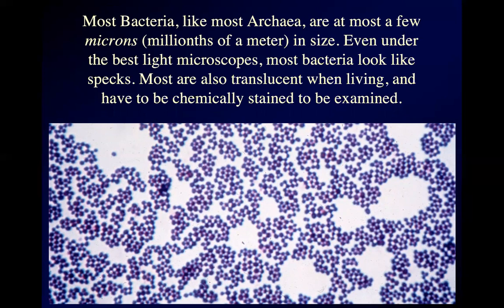If any of you take microbiology, or even if you get into medical laboratory science, if you work as a lab tech, like I used to a long time ago, you'll learn how to do various chemical processes to add stain to bacteria and make it possible to see them. These bacteria have been chemically stained. They're not naturally purple.